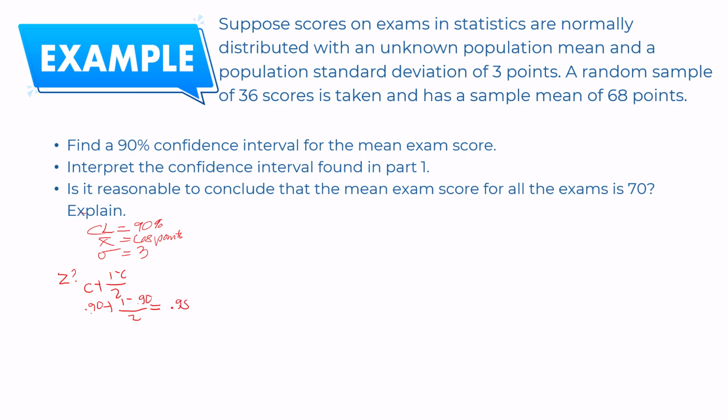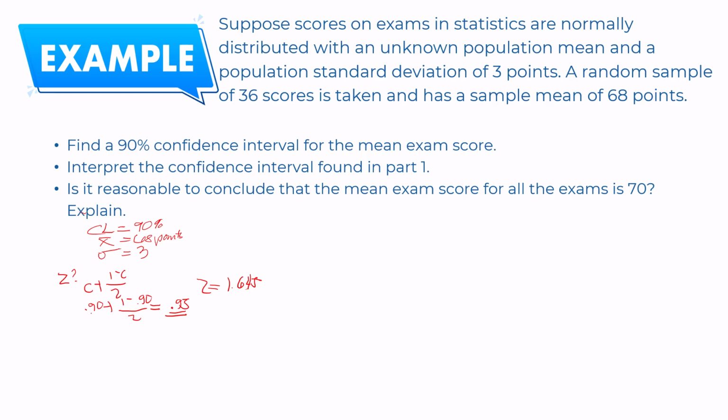Okay. So let's now look for 0.95 in our Z table, the closest value. You can see that Z is equal to 1.64 or 1.645. So you take the average just in case both have the same value in the Z table.